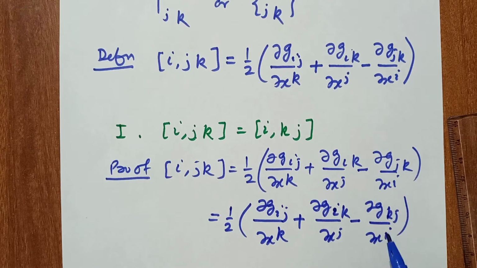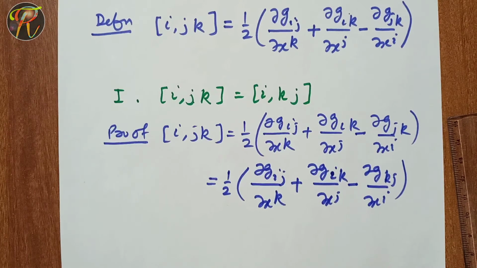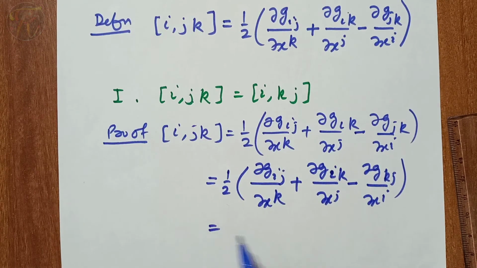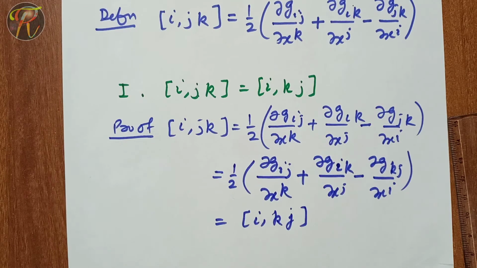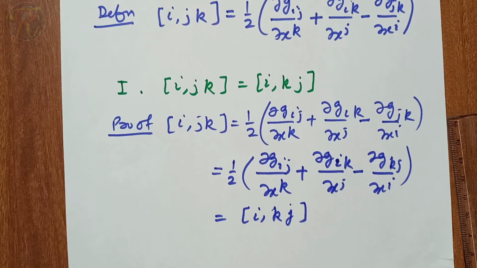This can be written like this because g_ij is a symmetric metric tensor. So this equals [ik,j]. So this property means it is symmetric in the two indices.